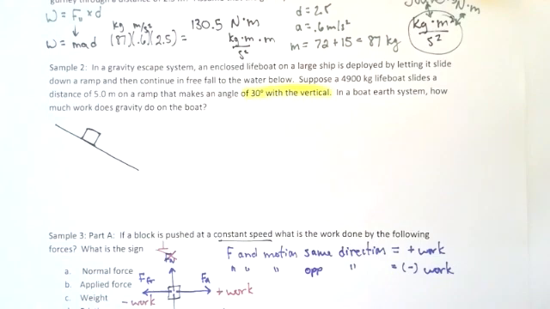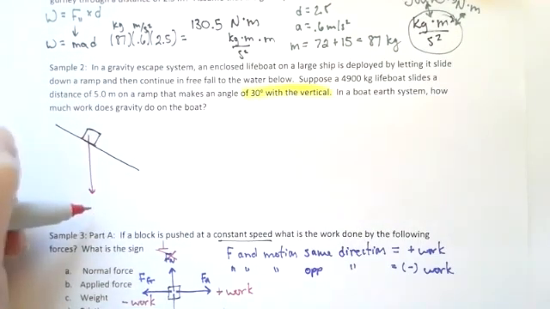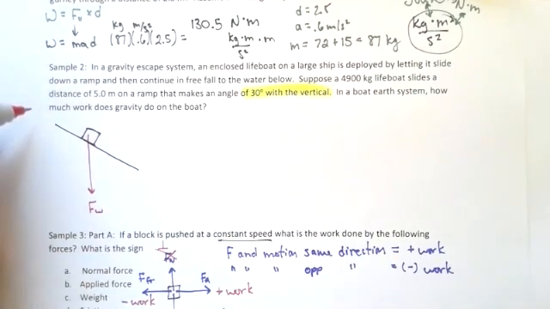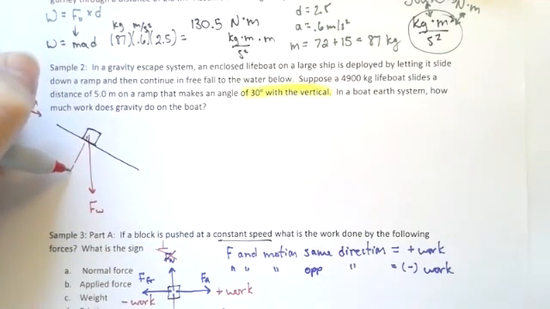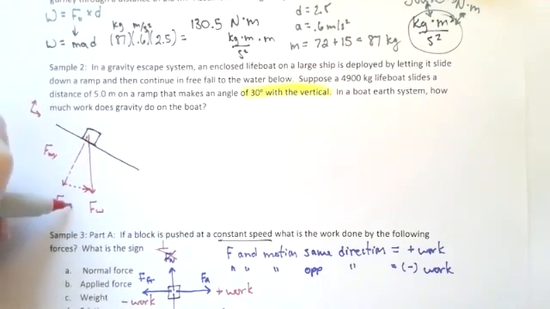And so I have my weight vector, here's FW. And we're going to go ahead and tilt our coordinate system. So I have FWY and I have FWX.